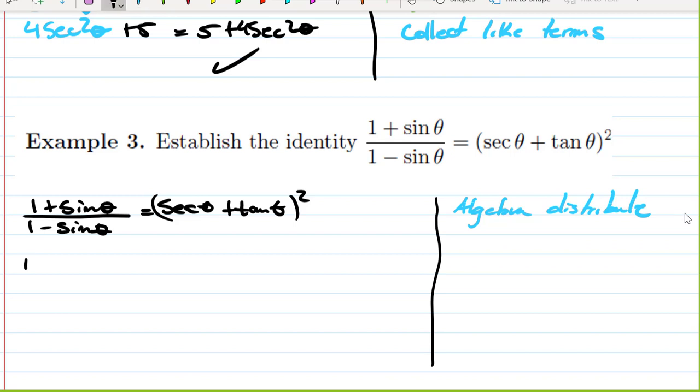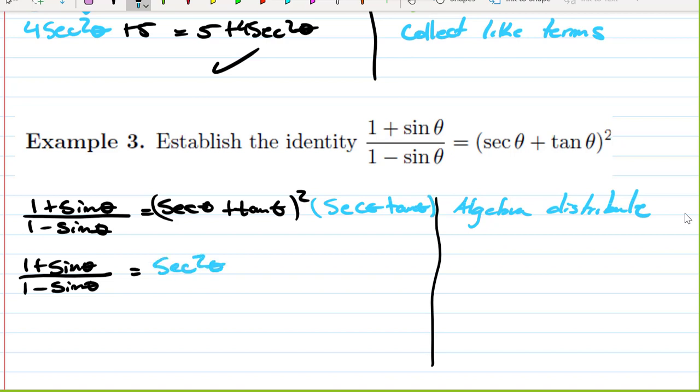My left-hand side stays the same. If I distribute out this side, secant times secant is secant squared theta, secant times tangent plus secant times tangent is 2 secant theta tangent theta, and then tangent times tangent is tangent squared theta.